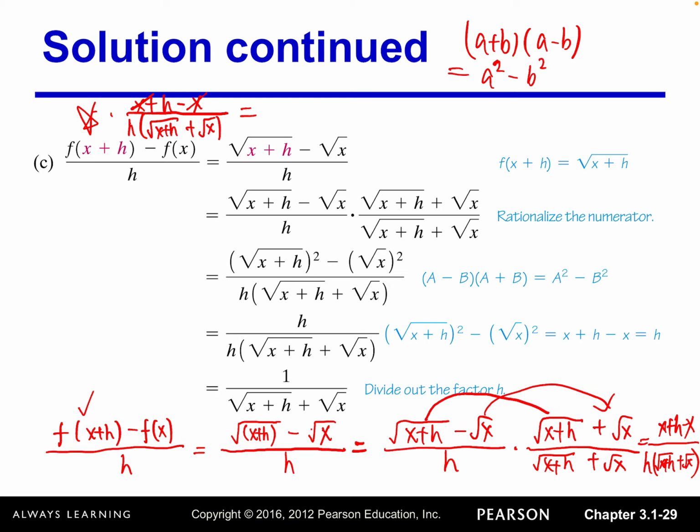So numerator, x and x cancel. That's why we only have h, right? Denominator, we have h times square root of x plus h plus square root of x. So now h and h also cancel out. That's why the final answer, numerator just 1, denominator is square root of x plus h plus square root of x.